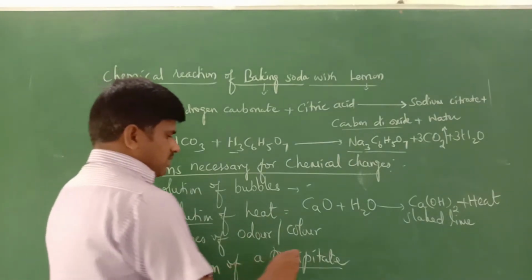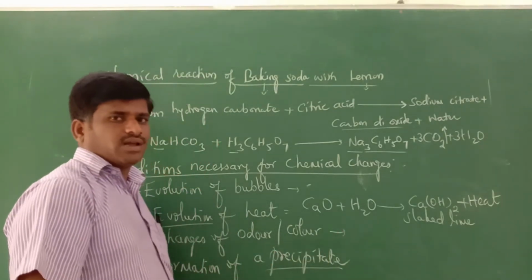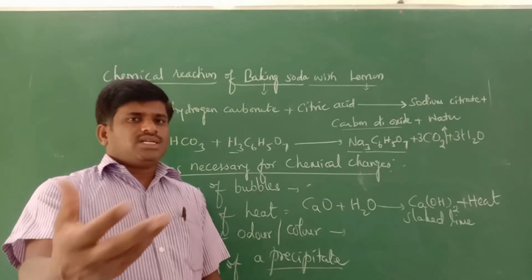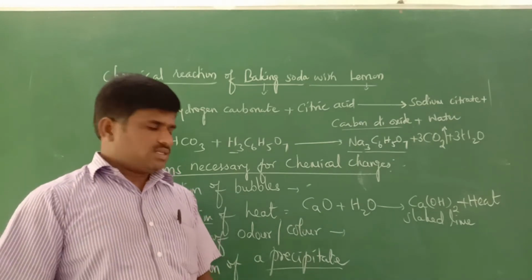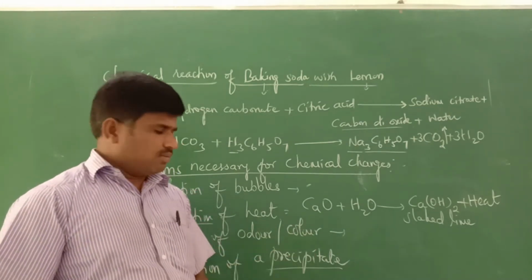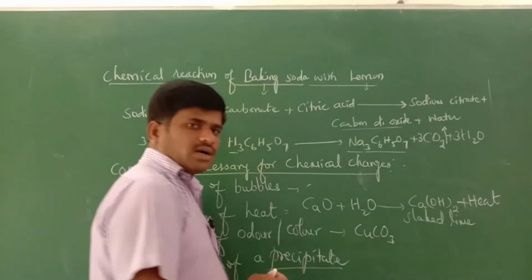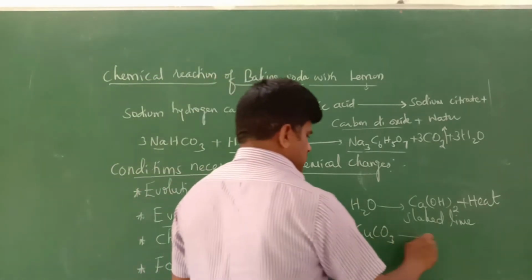Next, changes of color or odor. Initially there is one smell, and after completion of the reaction the entire smell changes. For color, I can give an example. The color of copper carbonate is green.